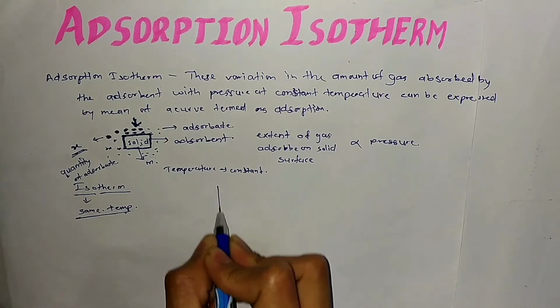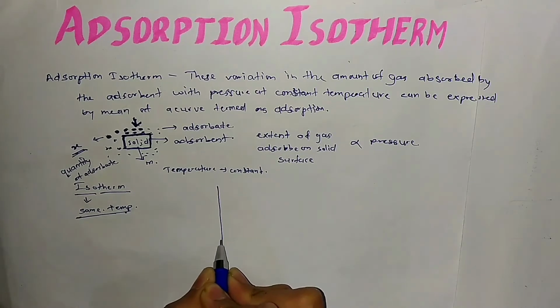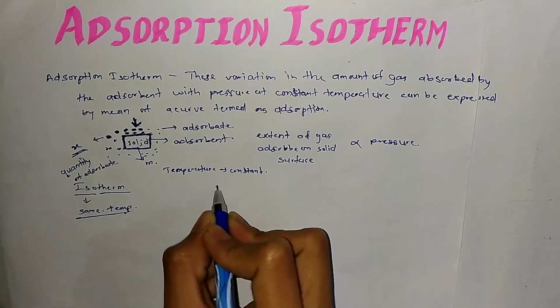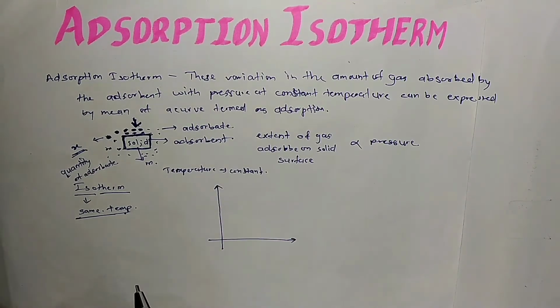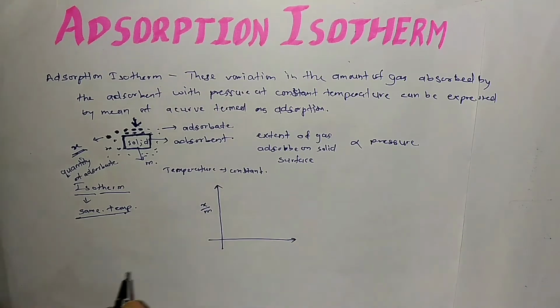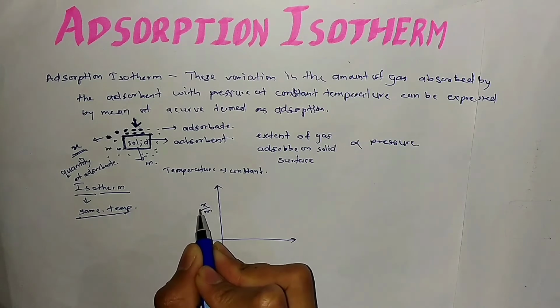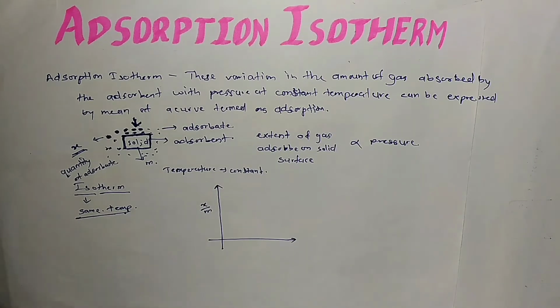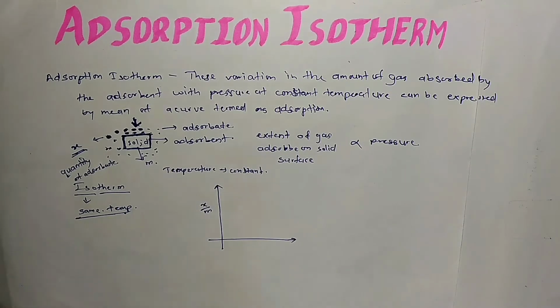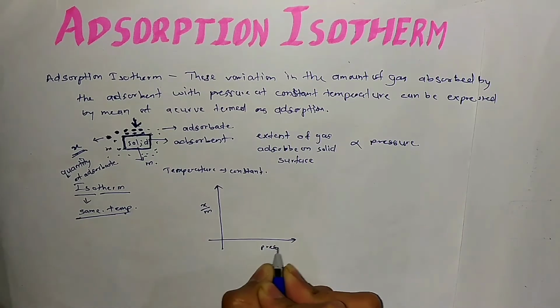If we plot a graph, this is the x-axis and this is the y-axis. On the y-axis we will plot x by m, where x is the quantity of adsorbate and m is the mass of adsorbent, and on the x-axis we will see the pressure.